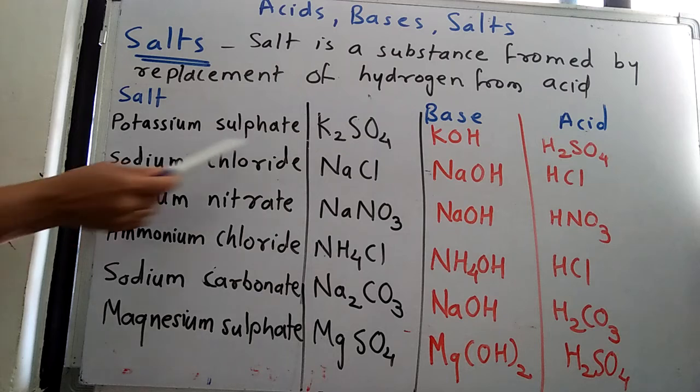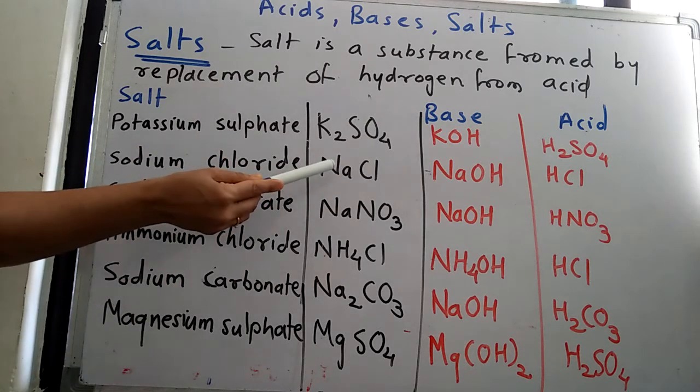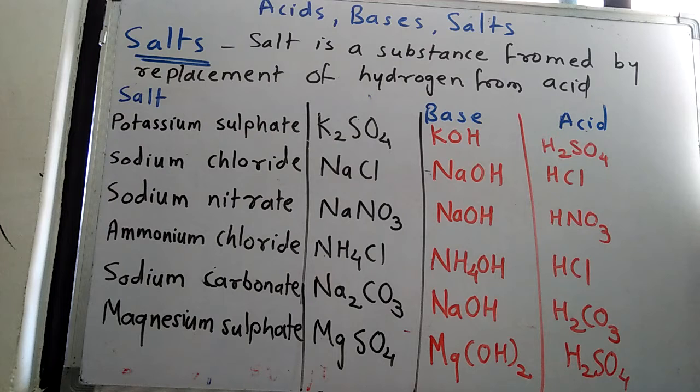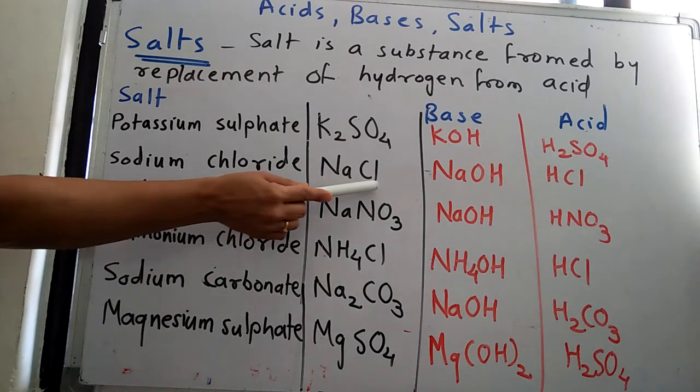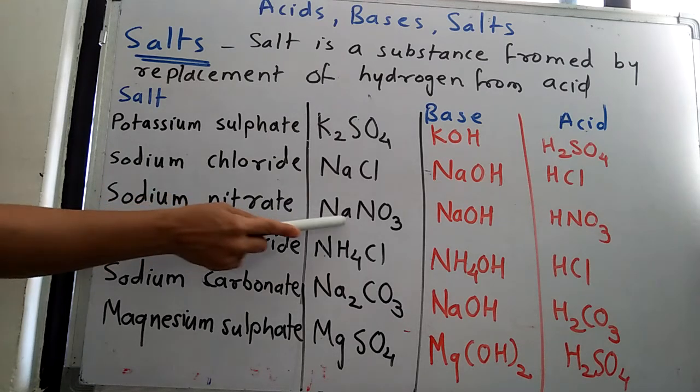Then sodium chloride, NaCl. For Na we will attach OH. So the name of the base is NaOH, and the remaining part is Cl. So Cl is a part of the acid HCl. So NaCl is made from base NaOH and acid HCl. Then we have sodium nitrate, NaNO3. So what is the name of the base?